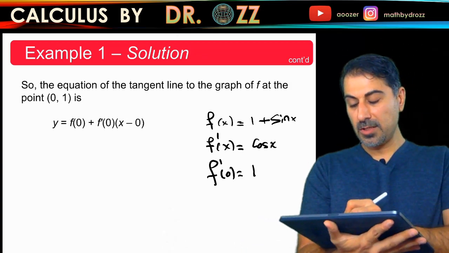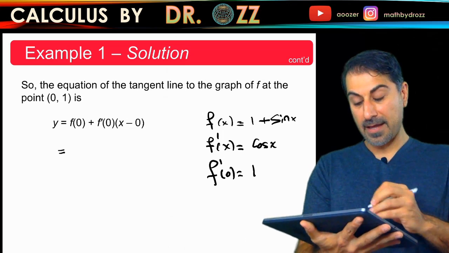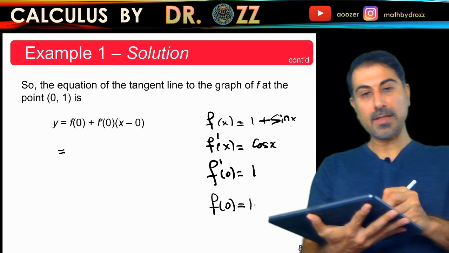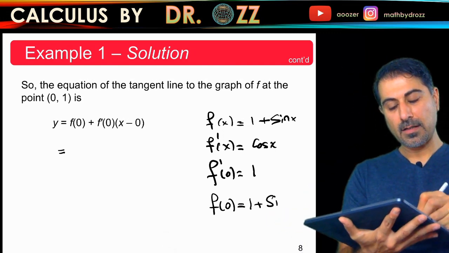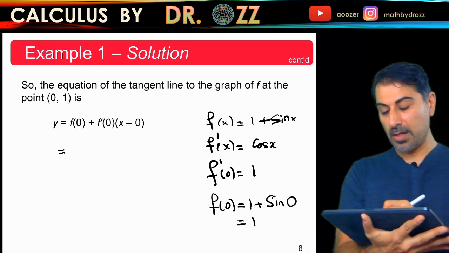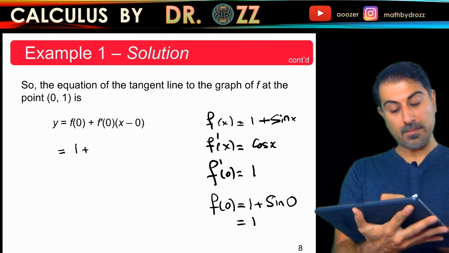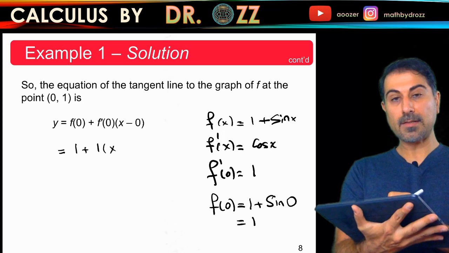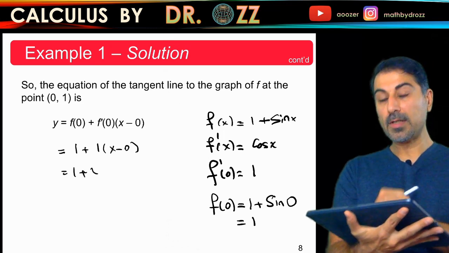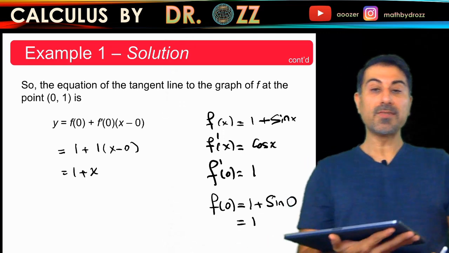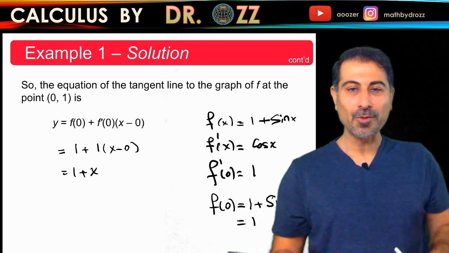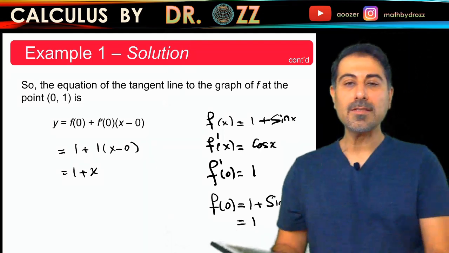We also look at f of 0, which is 1 plus sine of 0, which is also 1. So this takes us to y minus 1 equals 1 times x minus 0, which is essentially y equals 1 plus x. That line is going to be an approximation of the function at 0.